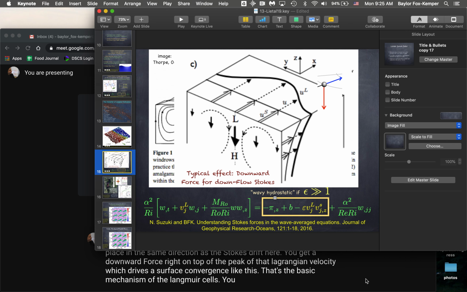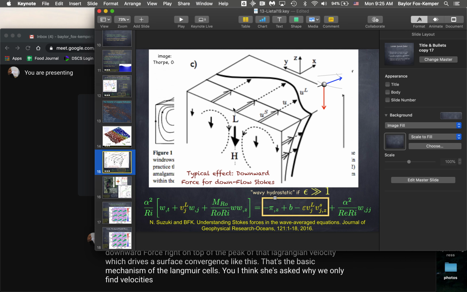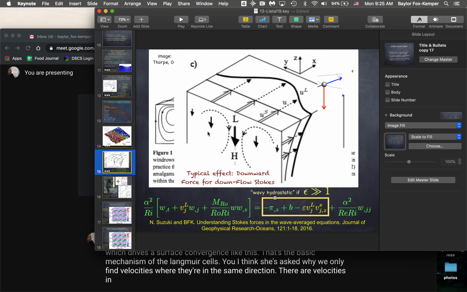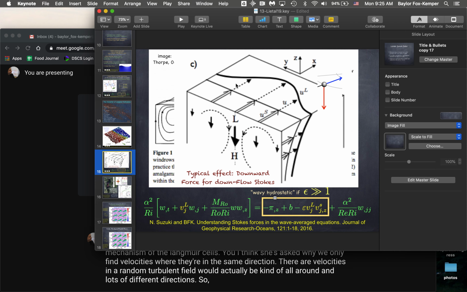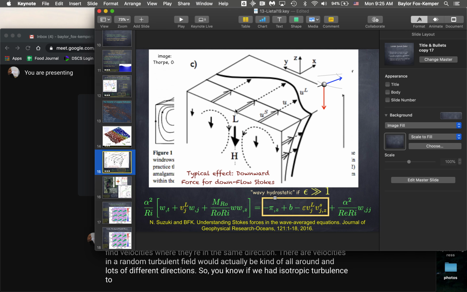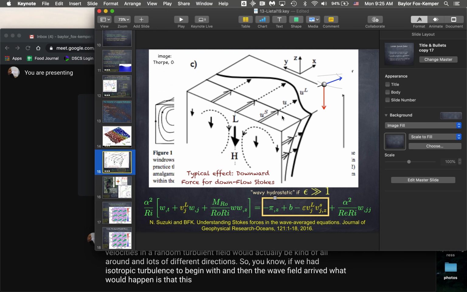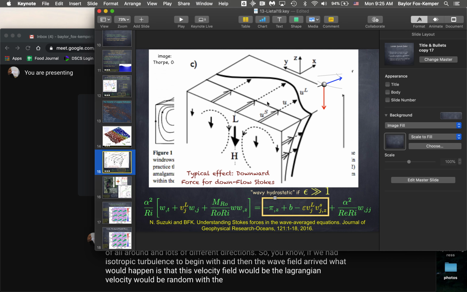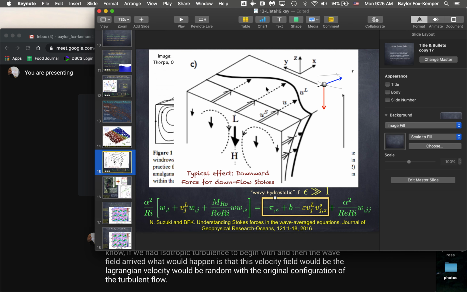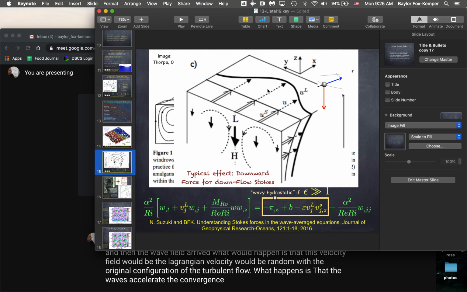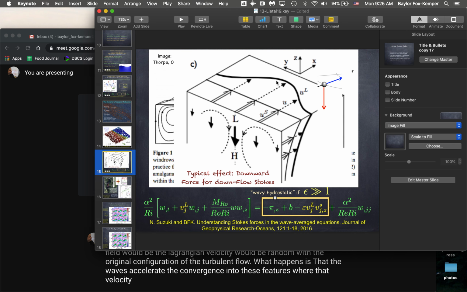So Mengshi's asked why we only find velocities where they're in the same direction. The velocities in a random turbulent field would actually be all around in lots of different directions. So if we had isotropic turbulence to begin with, and then a wave field arrived, the Lagrangian velocity would be random, with the original configuration of the turbulent flow. What happens is that the waves accelerate the convergence into these features where that velocity happened to be aligned.